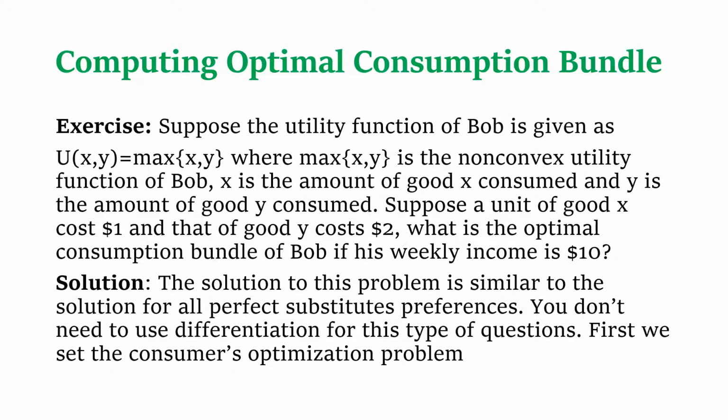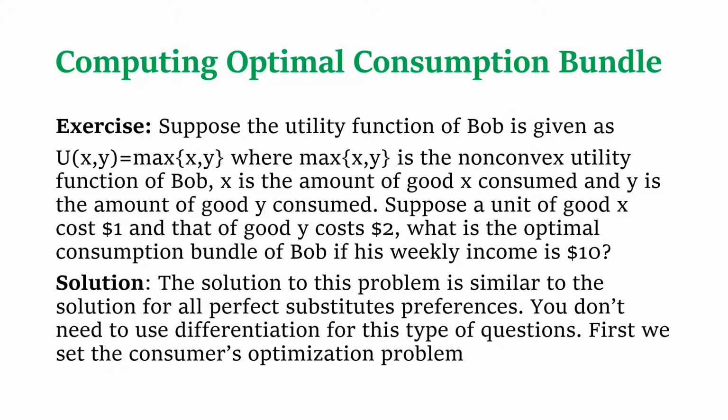So what you need to do here is first of all set up the consumer's problem. Whenever you are faced with a problem like this, I'm going to repeat, the first thing you need to do is to set up the consumer's problem.